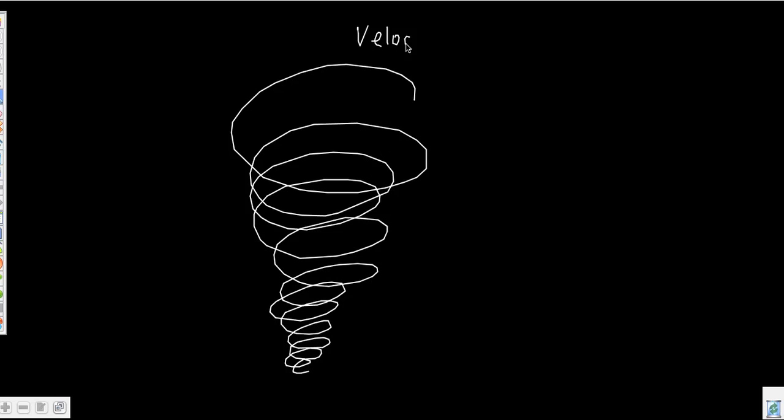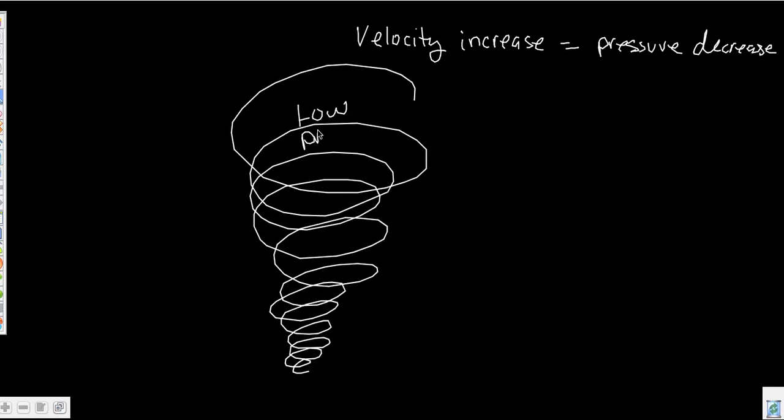And one thing that we're going to learn later is that when the velocity of a fluid increases, the pressure decreases. Velocity increases equals pressure decrease. So one of the most damaging things about a tornado is actually that the pressure is lower. It's a low pressure area, a super low pressure area. In fact, about 15% lower than the area around it.